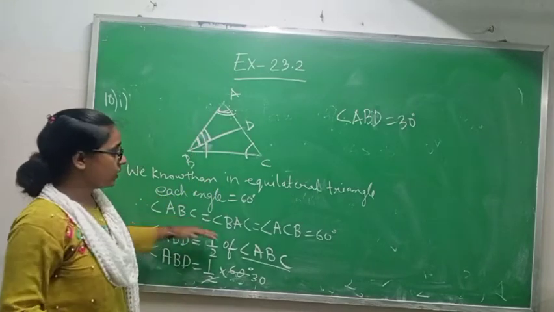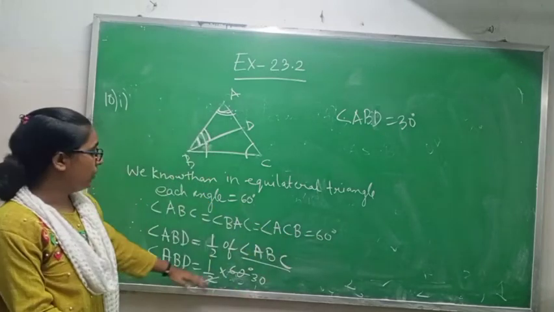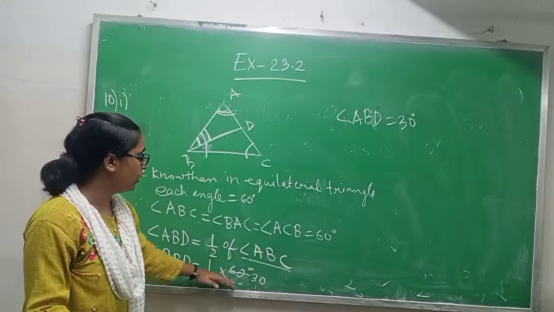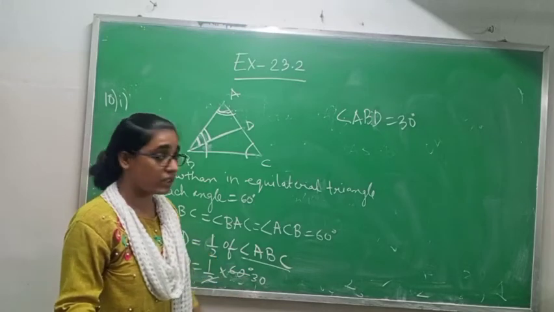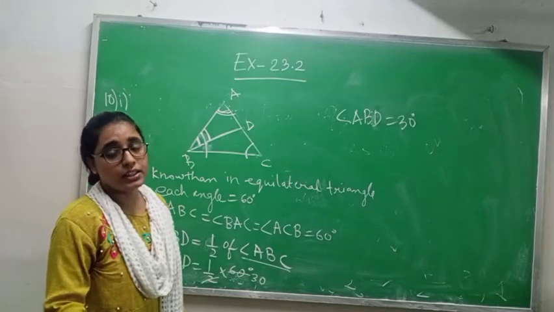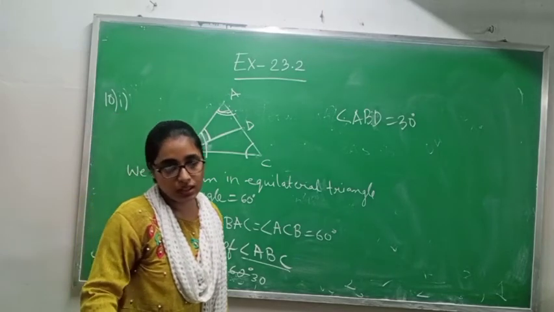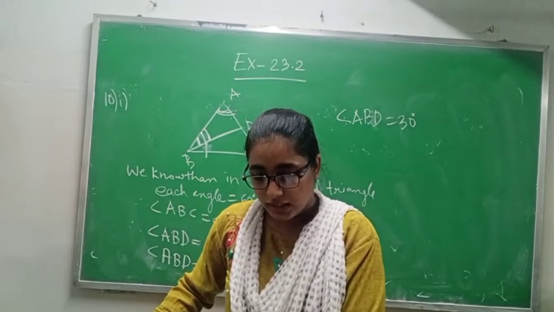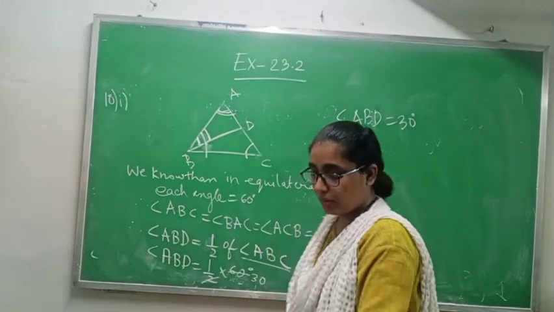If ABC is 60 degrees, ABD will be half of ABC, so 1 by 2 into 60 degrees, you will get 30 degrees. Now why am I finding ABD? Because in the question it is given, let us prove that tan angle ABD equals cot angle BAD.